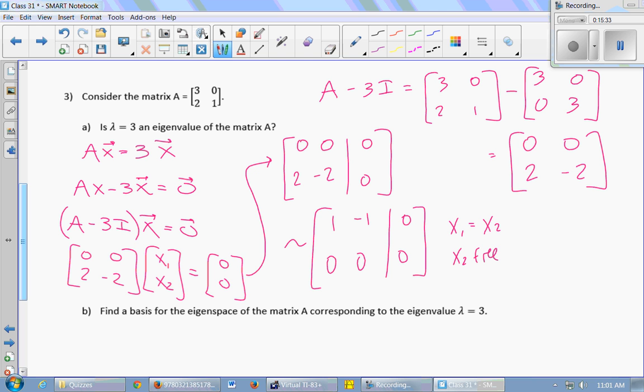So actually any multiple of the vector (1, 1). This is all the solutions. So (1, 1) is your basis, because the span of (1, 1) generates every solution.